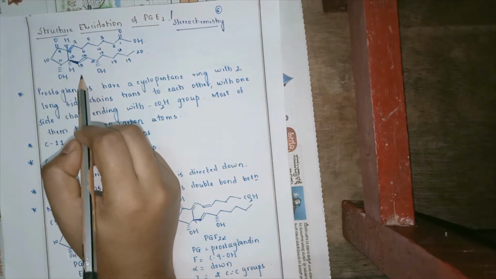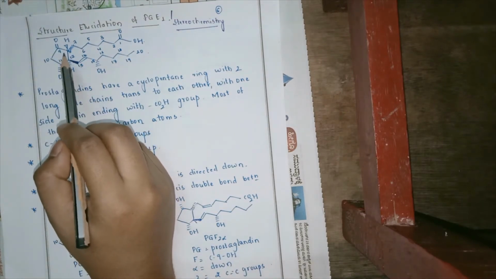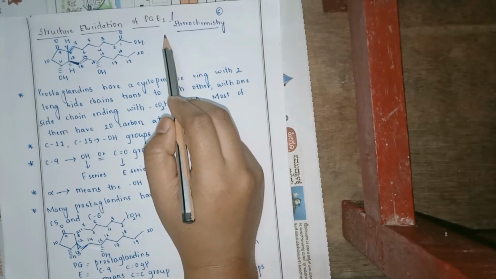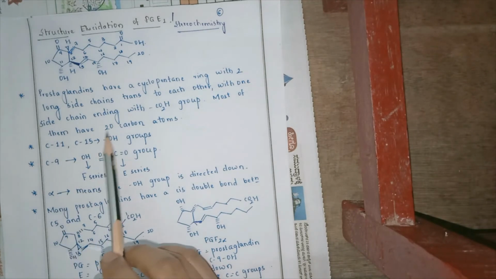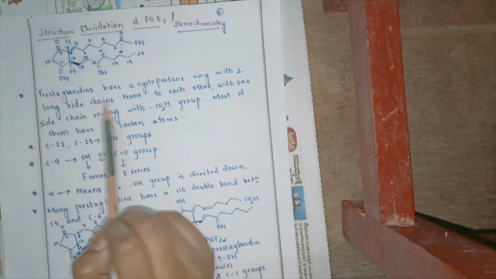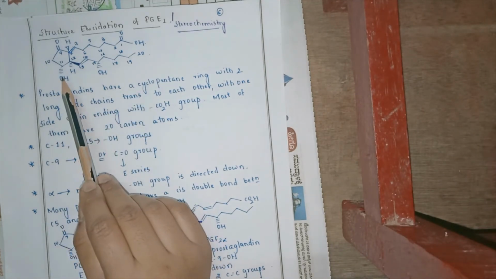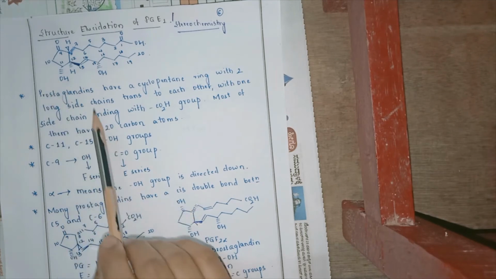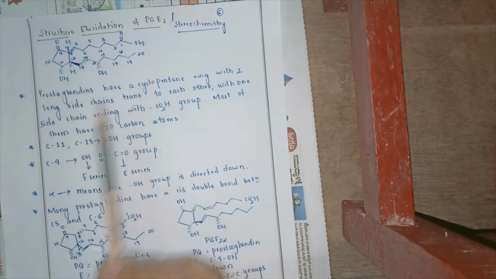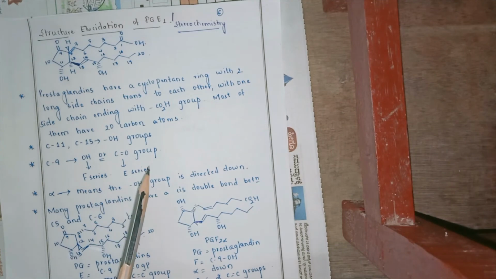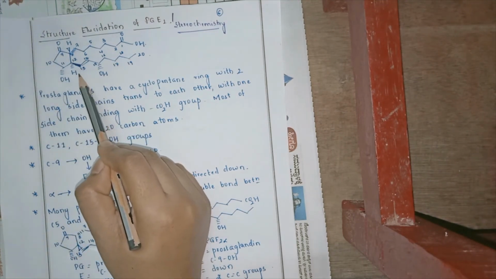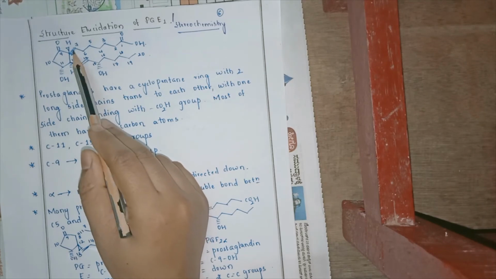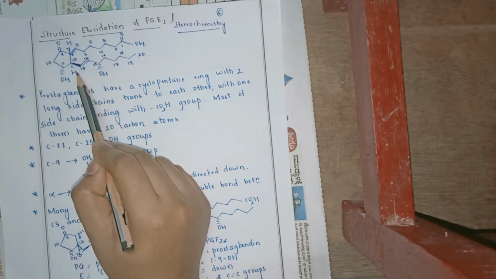Hello everyone. So we'll be looking into the structure elucidation of PGE1 with the stereochemistry. We have already seen that prostaglandins are cyclopentane-containing ring systems with long side chains, and they also have double bonds. But these long chains are trans with respect to each other.